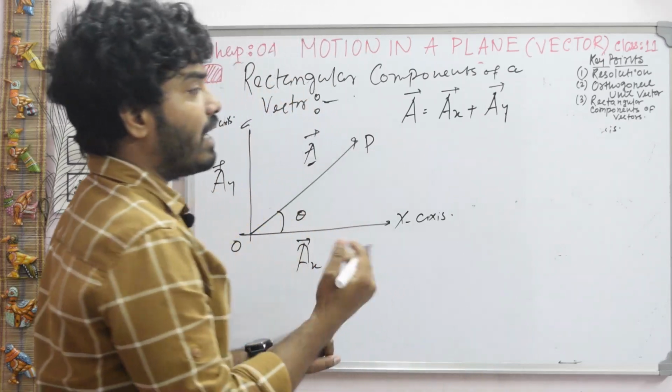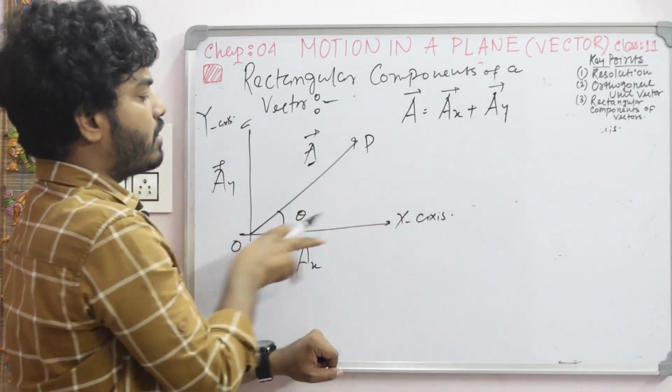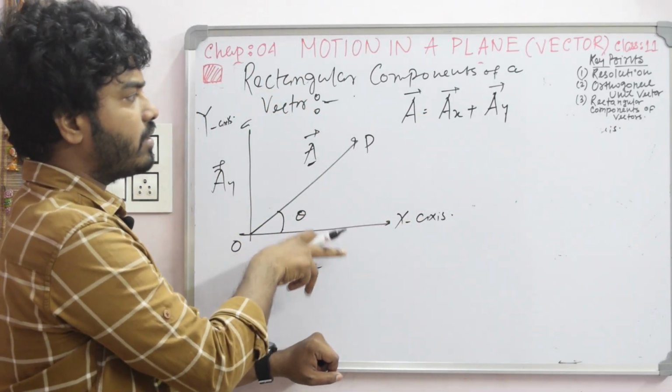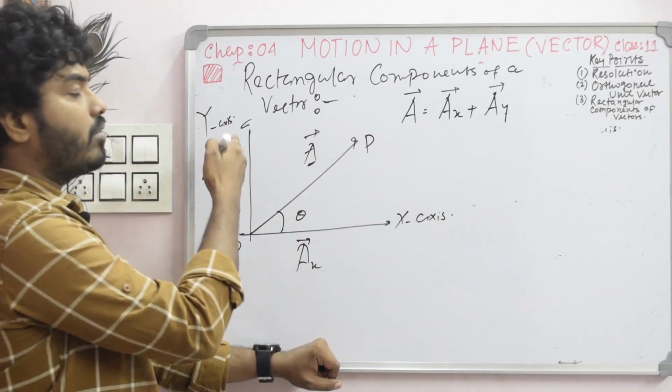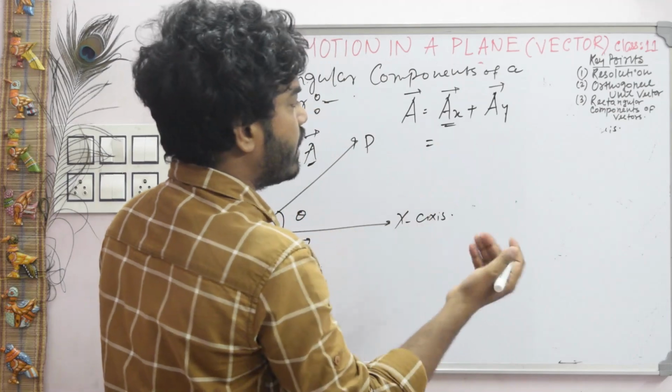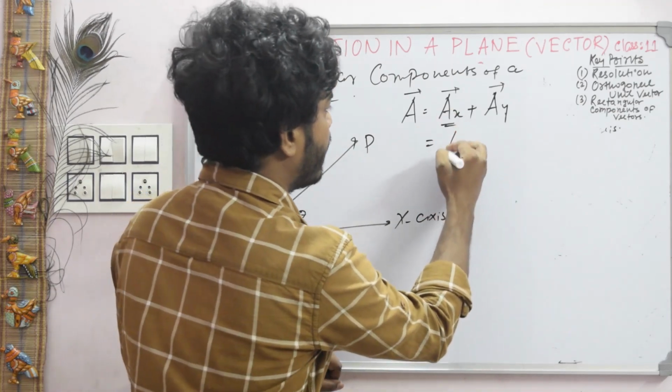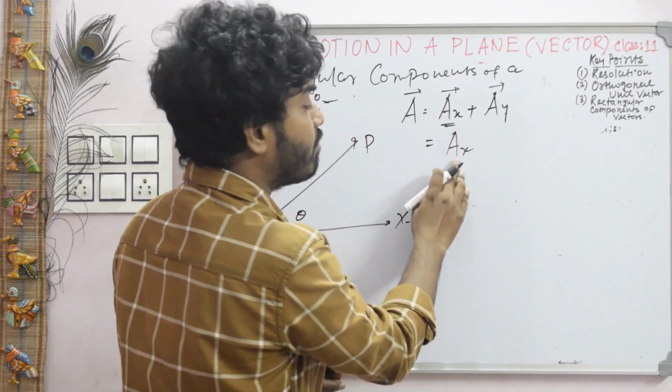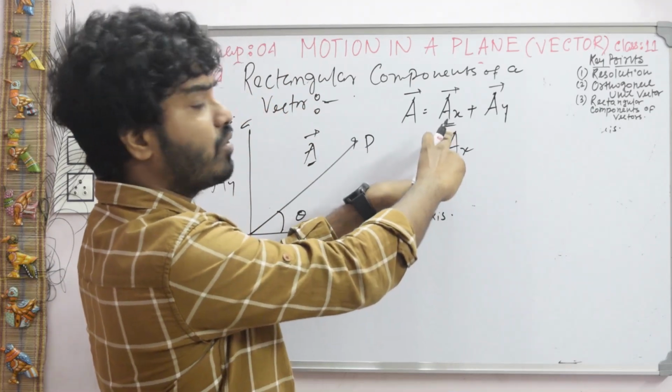What is the Ax vector? The Ax vector is the vector which is directed along the x-axis, and Ay is the vector which is along the y-axis. Generally a vector has magnitude, so the Ax vector has a magnitude which is named as only Ax, with no direction.